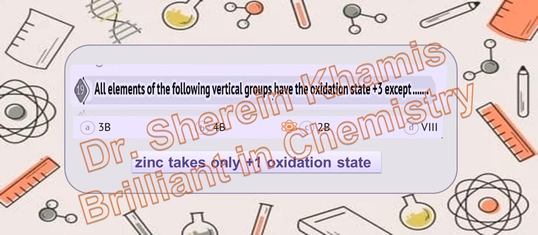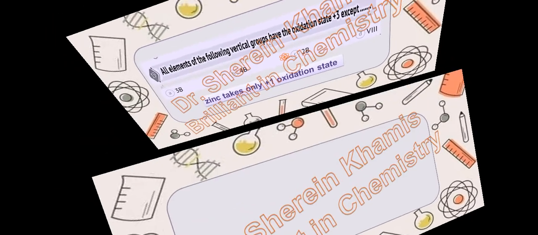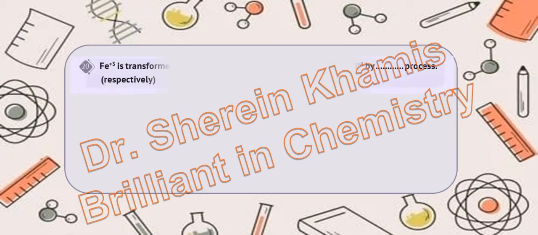Okay, let's go to the last question of our exam. We have question 20. Question 20 says that iron Fe+3, we can say it's a ferric ion, is transformed into ferrous ion Fe+2 by what?